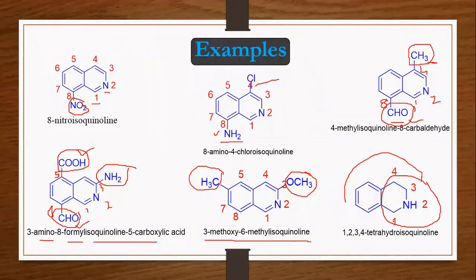Hence, we can say 1, 2, 3, 4, these are tetrahydroisoquinoline. Okay, thus I hope all of you understood the IUPAC names of quinoline and isoquinoline molecules. Okay, thank you.